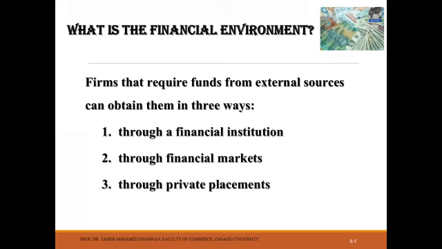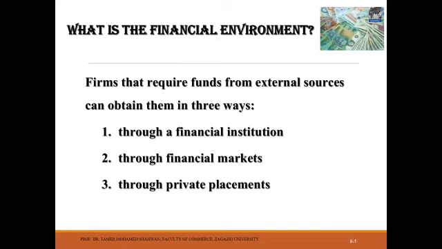First of all, what is the financial management and financial environment? The firm, when they would like to get their fund, most likely they get their fund from external sources. And we have three different ways for obtaining the fund from external sources.